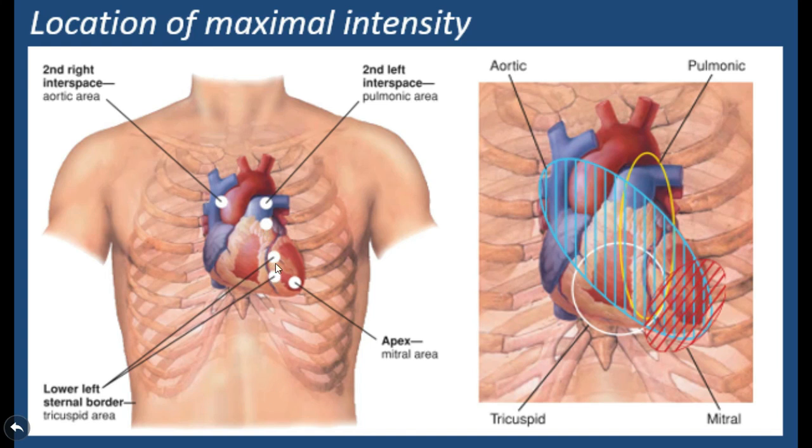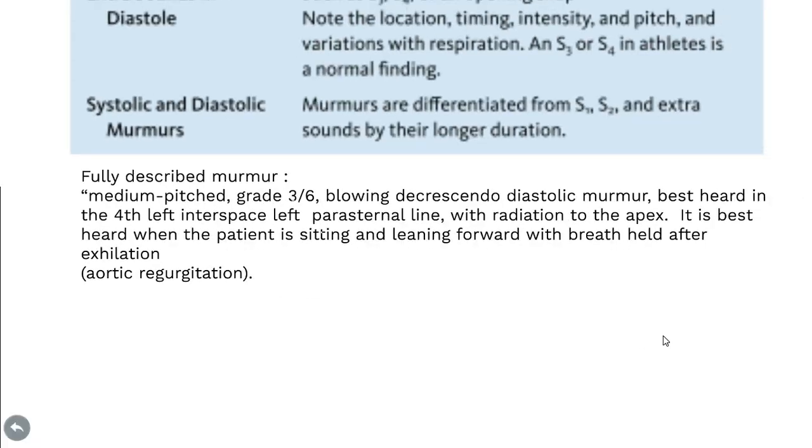This is the tricuspid area, and this is the mitral valve area. But you have to remember, sometimes you can also appreciate aortic sounds here, pulmonic sound here, tricuspid sound here, and mitral sound here. So you need to listen carefully to the murmur.